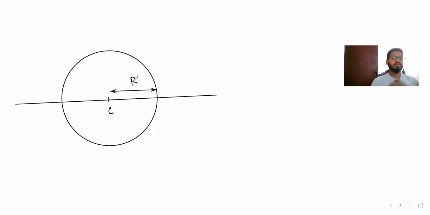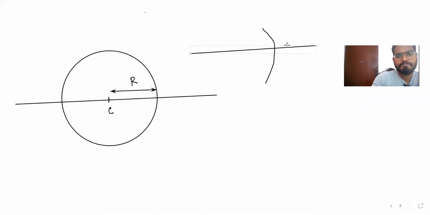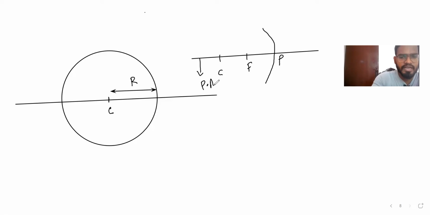Now suppose somebody wants to define what is the center of curvature, right? You might have seen these things. I'm just going to explain, because the drawing is not good, so I took the sphere properly. So we can say this is the pole, this is the focus, this is the center of curvature, this is the principal axis. From here we will define a few lines, then I'll tell you.